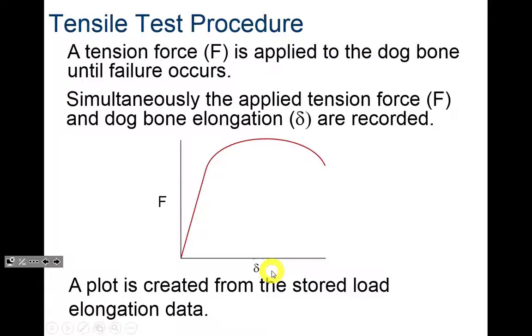And this is elongation, so this would be 0, and this would be whatever distance from 0, however much that dog bone's stretched. So basically what happens is we're applying force, and as soon as I apply force, obviously this material is going to stretch, and then it really stretches here, and then it breaks off right there. That's what you're looking at. And you could title that, you know, example dog bone graph.